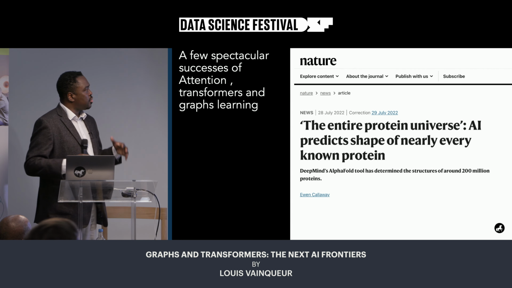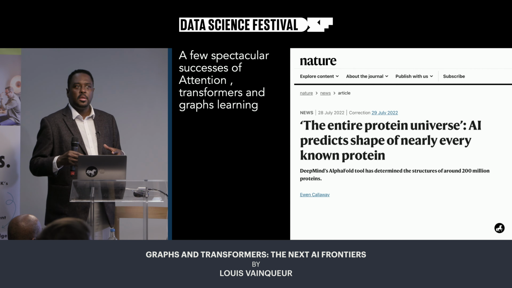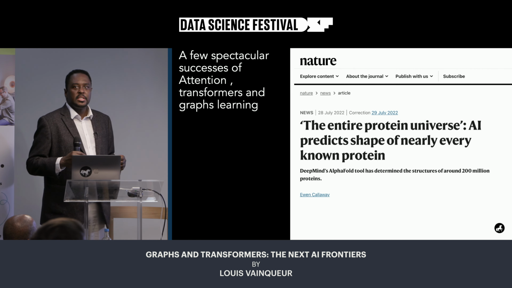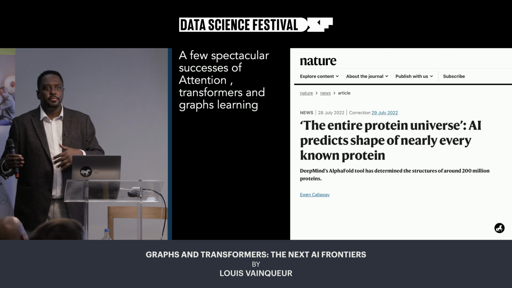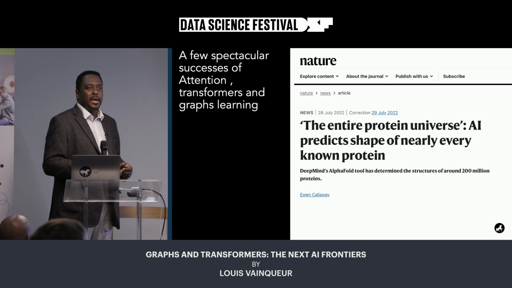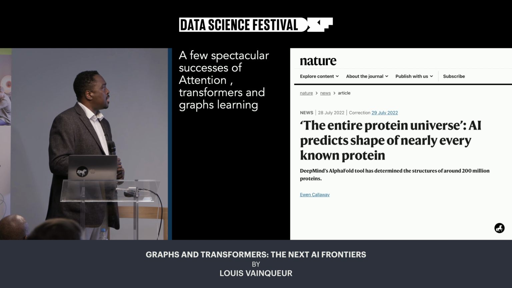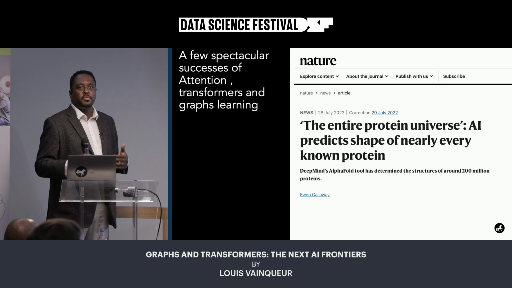So to conclude, for me the most impactful thing that came out of this line of research, both on attention and graphs, is what has been done by DeepMind since 2021 with AlphaFold 2.